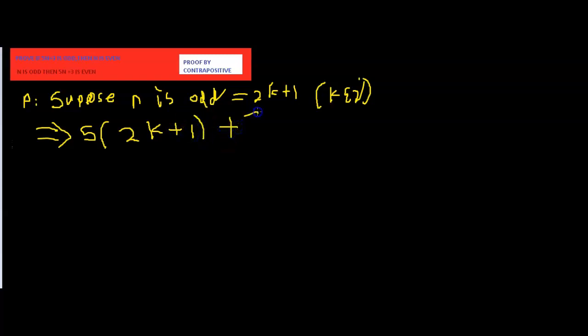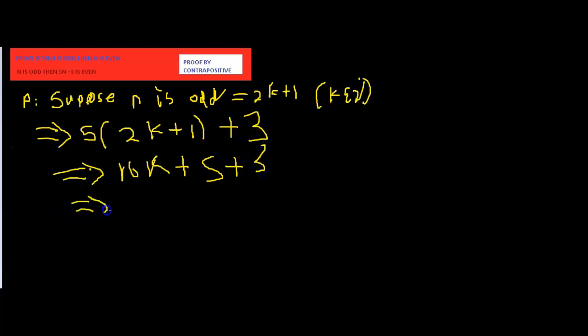Now 5 times 2k implies 10k, plus 5 plus 3. To simplify, it'll be 10k plus 8.